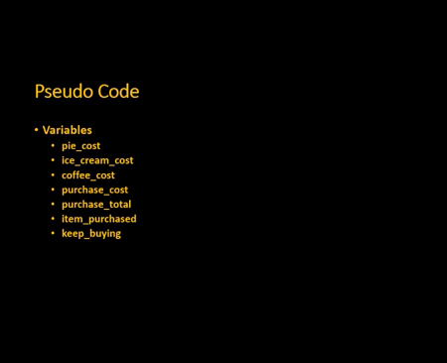So I know I'm going to have variables, and the variables that I finally came up with are the cost of the pie, the cost of the ice cream, the cost of the coffee, what the purchase cost was, and then what the purchase total was. All right, now notice in my variables, I spell out exactly what it is.